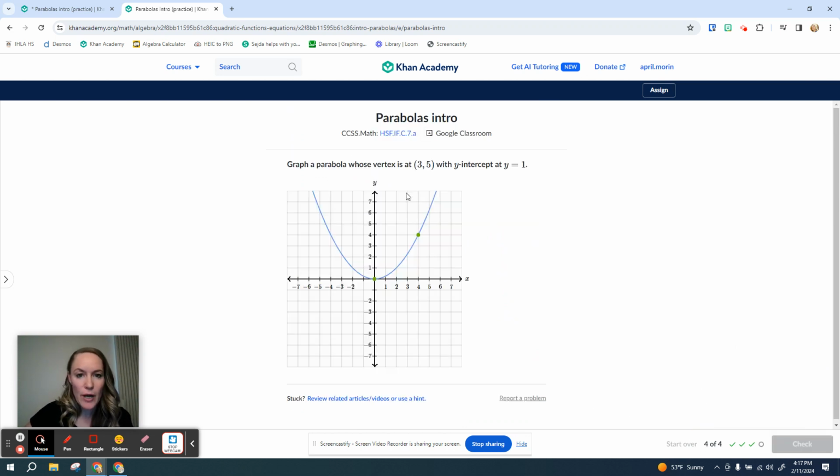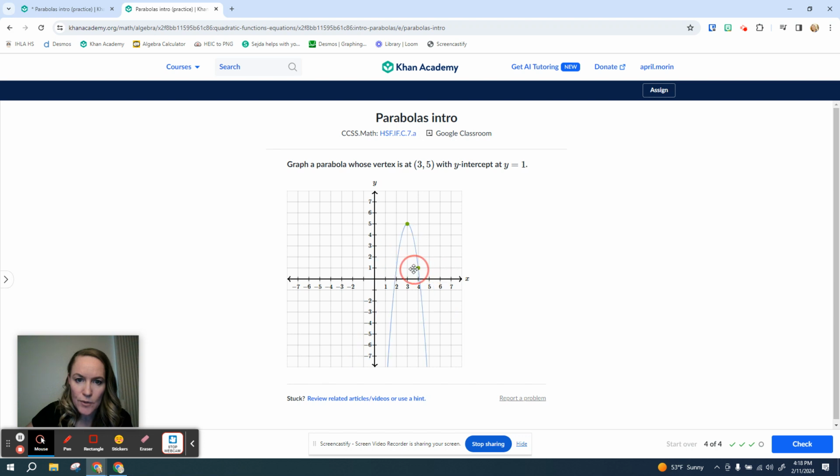Graph a parabola whose vertex is at 3, 5, so x equals 3, y equals 5, with a y-intercept at y equals 1. So let's see, y equals 1 is here, and it could be here or here depending. Vertex is at 3, 5.